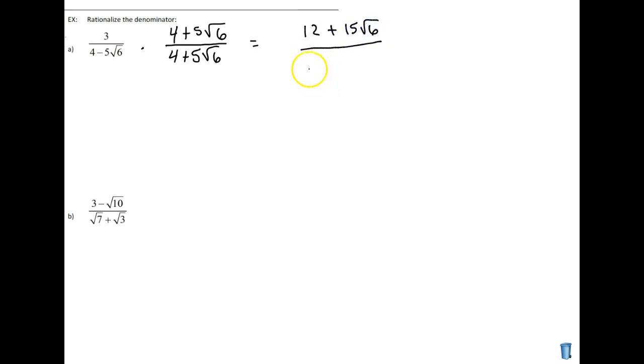And in my denominator, I get 16 plus 20 square root 6 and a minus 20 square root 6. And then I have a minus 25 times the square root of 36. Okay. Recall that these two middle ones cancel out, which is good.